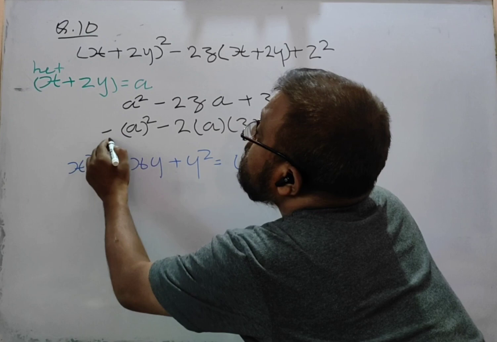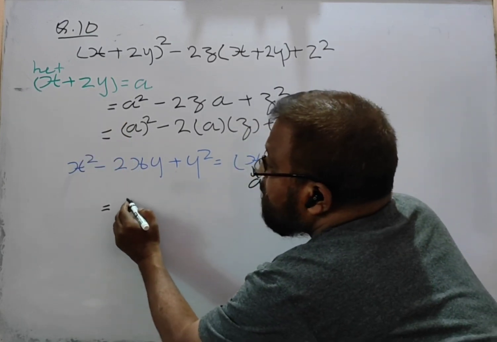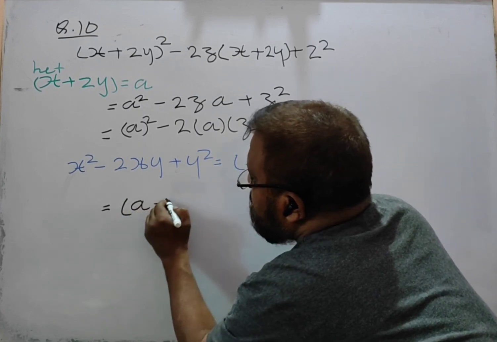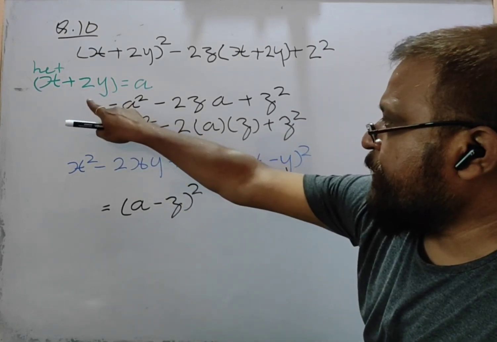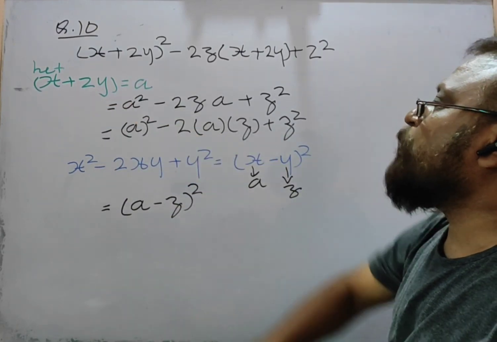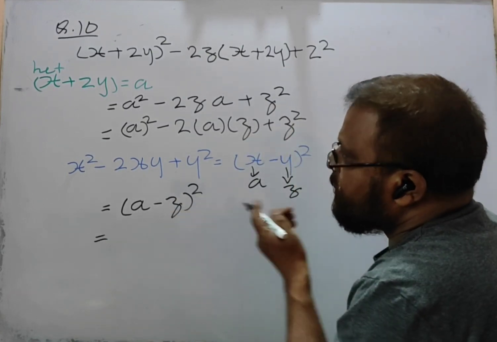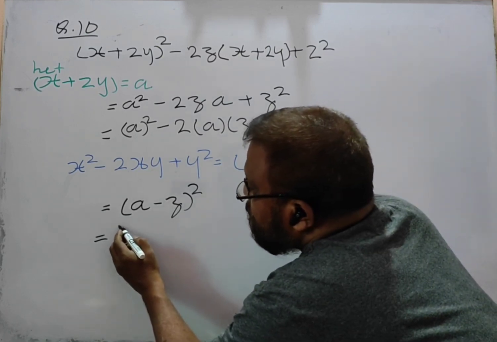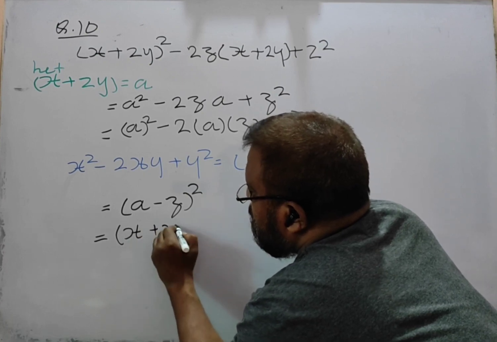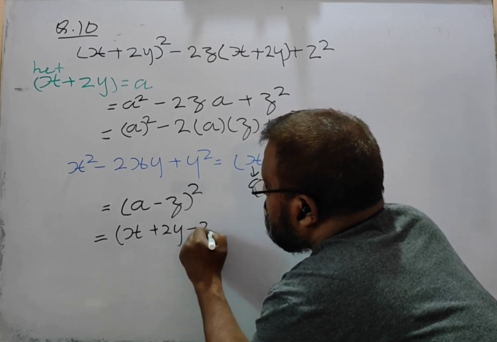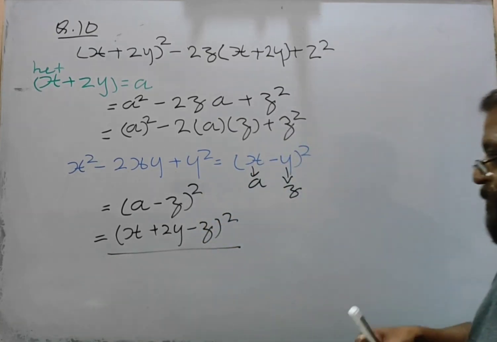So your value will be (a minus z) whole square. Now as we written here, a is equal to x plus 2y. Now put the value here. A's value is x plus 2y. So now we can write (x plus 2y minus z) whole square. This is our solution.